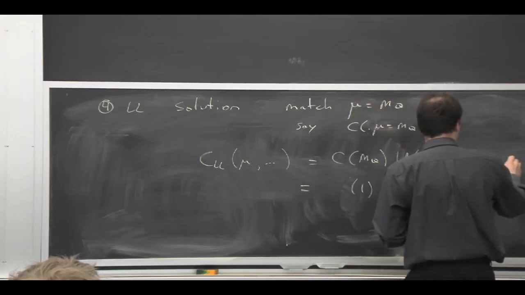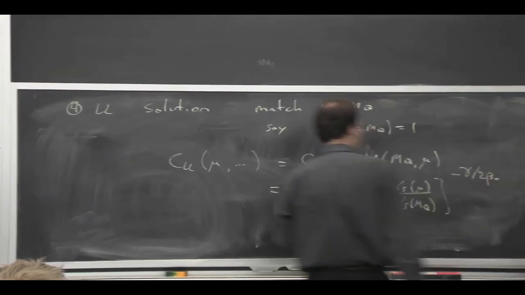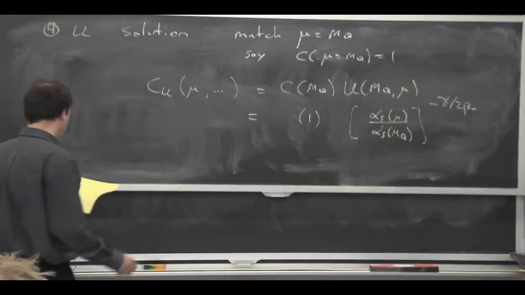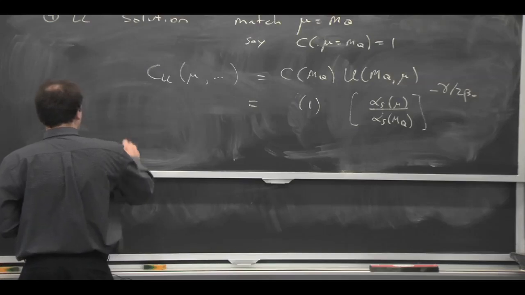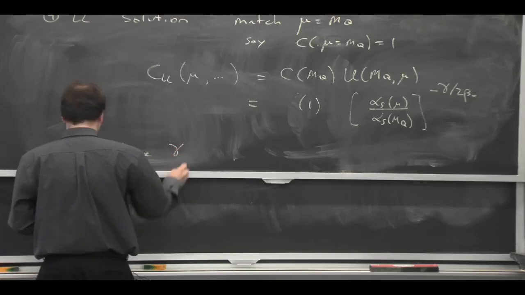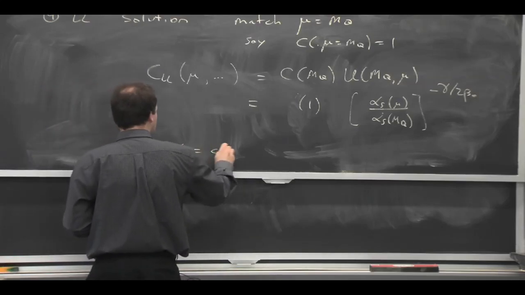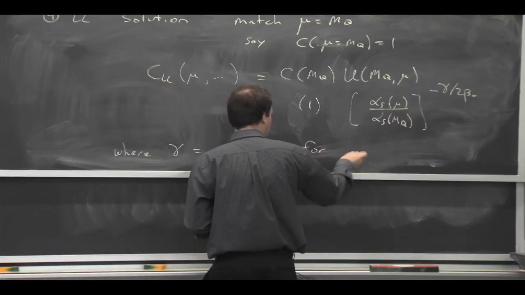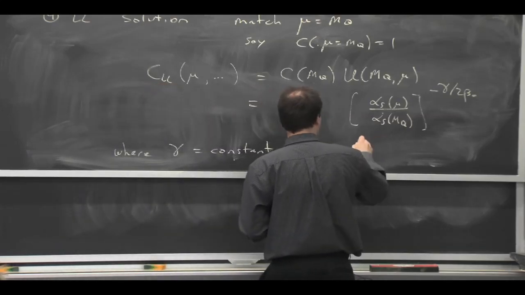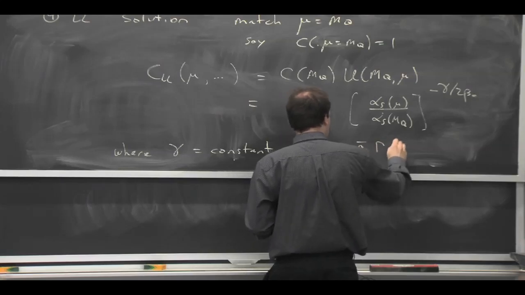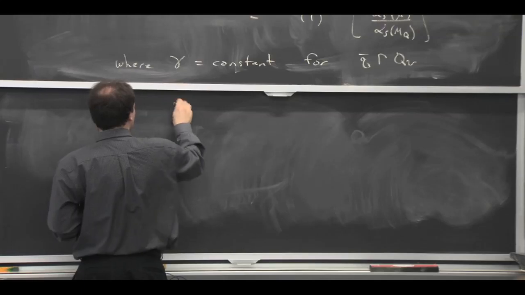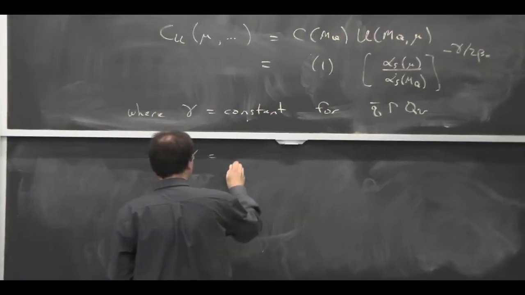And then there's the gamma. For the purpose of solving the RG, the only thing that matters is its alpha. So gamma is a constant for heavy to light, just a number. For that current, it's a constant. The solution is actually valid for both of them.